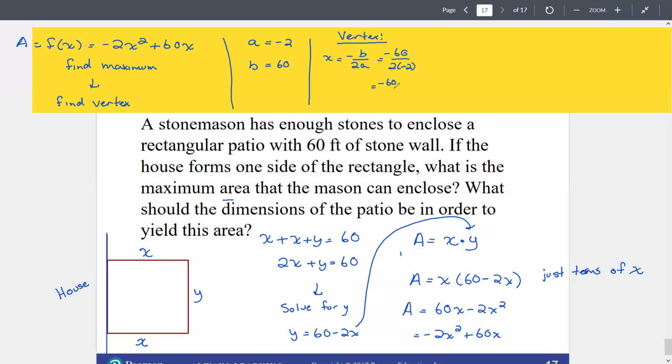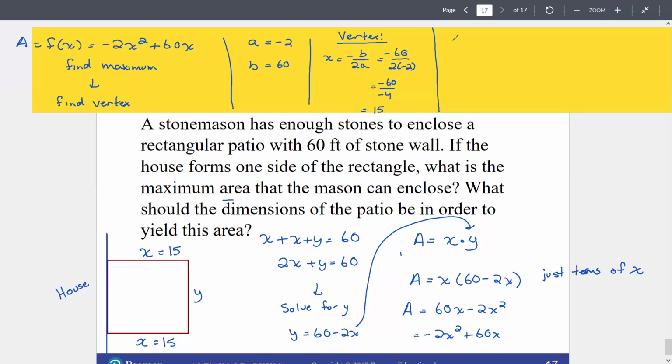So negative 60 over -4, that will be a positive 15. So what I know is that if I'm maximizing this area, x would have to be 15. But we want to know what is the maximum area as well.